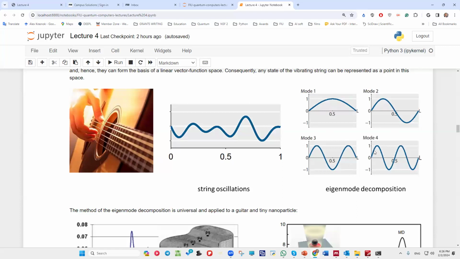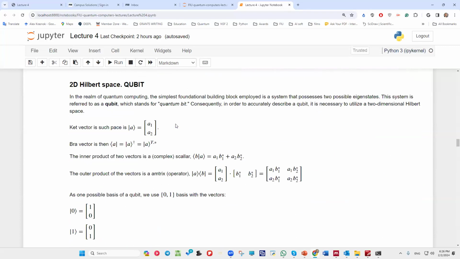For example, here I draw 4 eigenmodes of the string. The qubit is a system with two eigenmodes, and these eigenmodes are orthogonal. And the qubit itself can exist in any combination of these two eigenmodes. Okay?